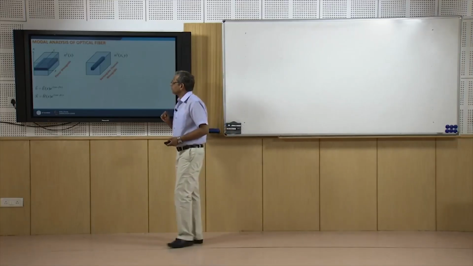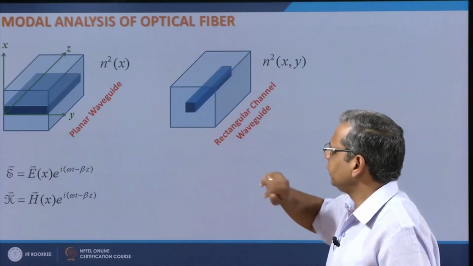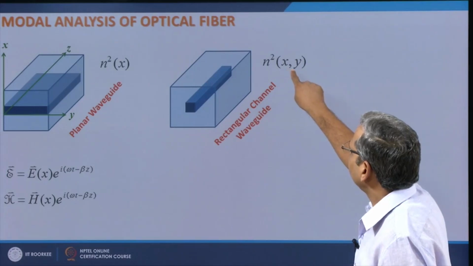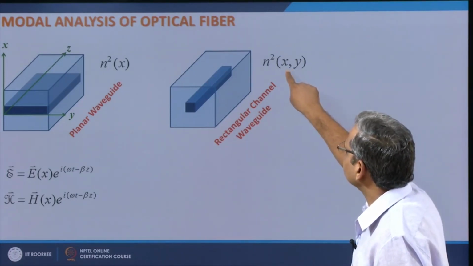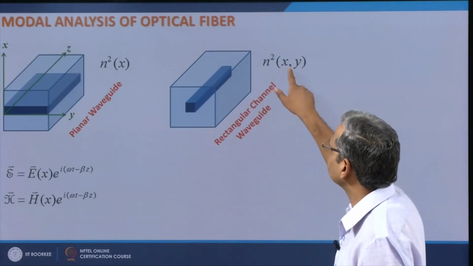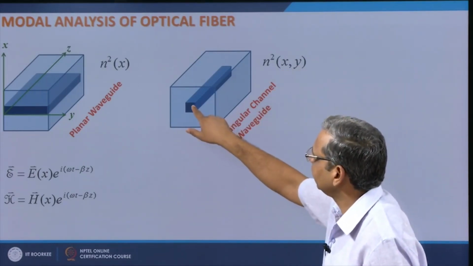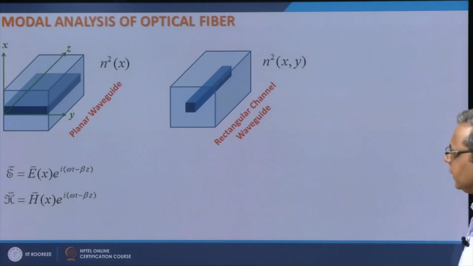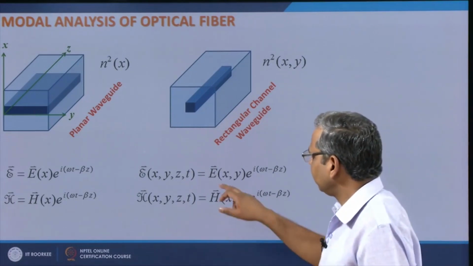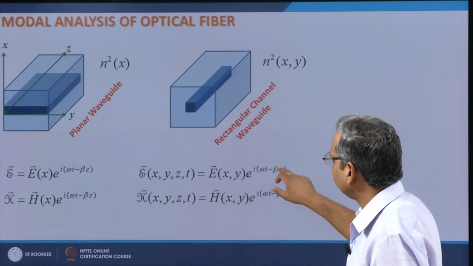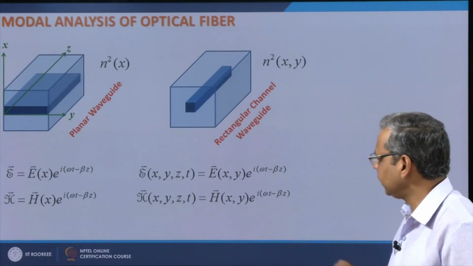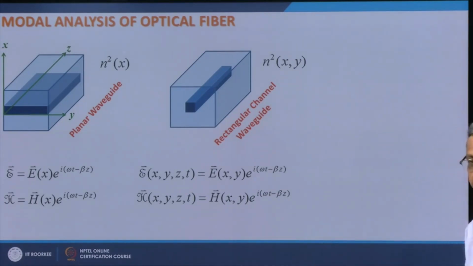If I look at rectangular channel waveguide, so now if I have confinement in x as well as in y, so refractive index variation in x and y both, so this is the kind of profile, then the modes would be given by E is equal to E of x y e to the power i(omega t minus beta z), and H is equal to H of x y e to the power i(omega t minus beta z).